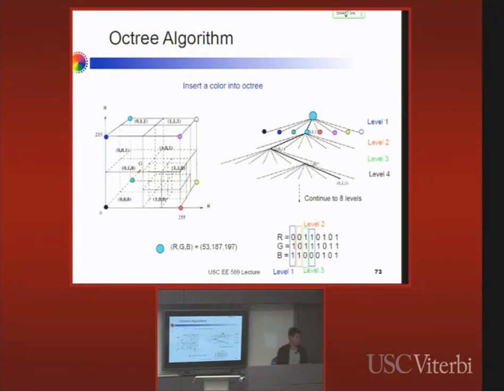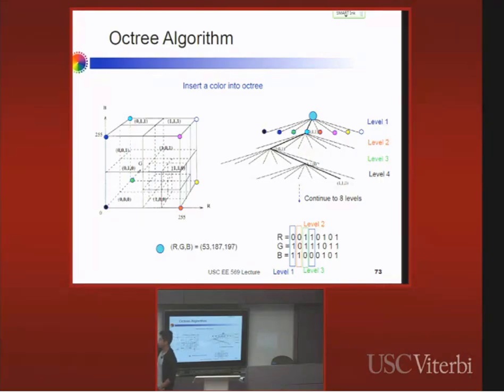The other way is the octree algorithm. Here is an example of how this is implemented. For example, if we have a pixel with RGB value 53, 187, 197, we get the binary representation of all three numbers and lay them out horizontally.